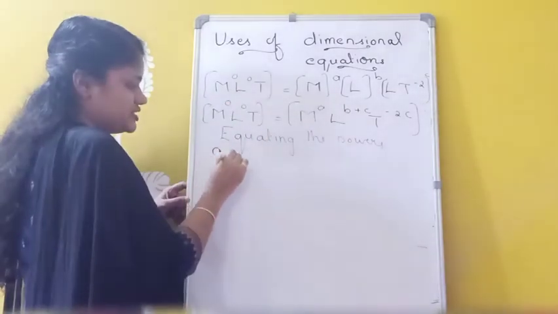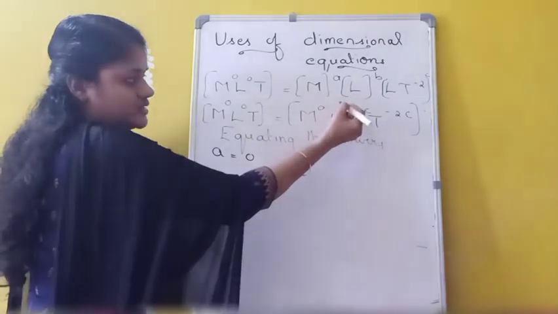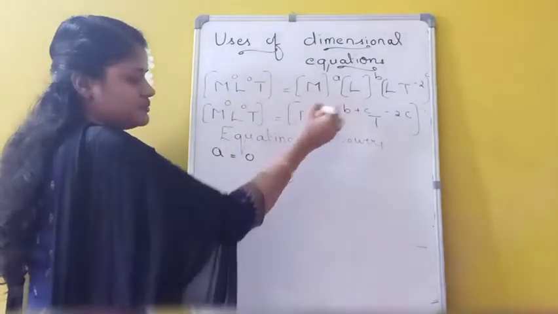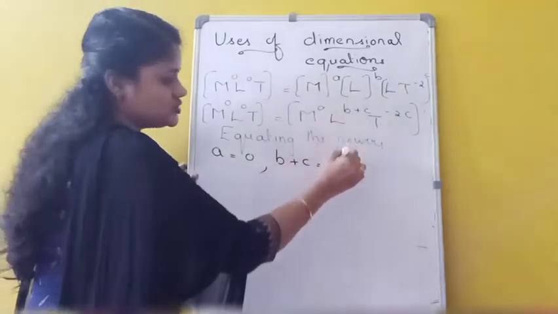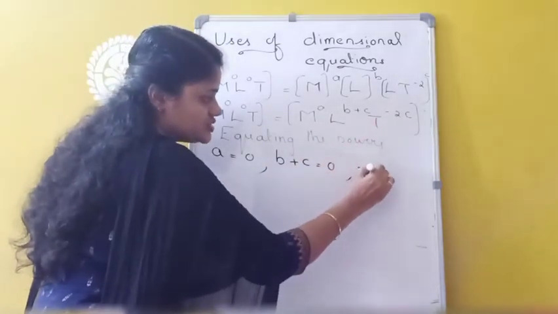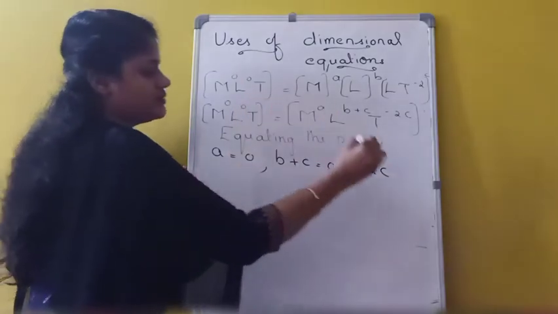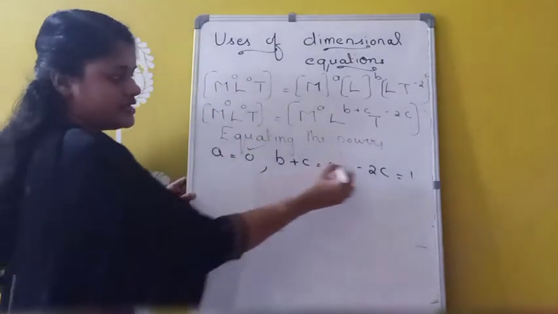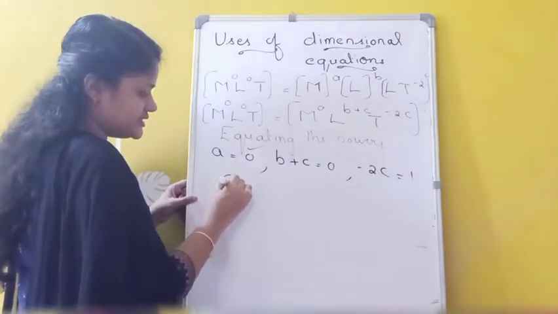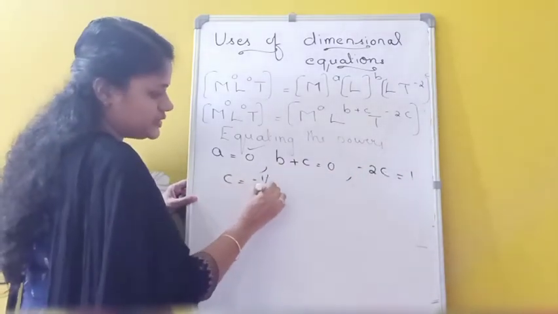That means a can be equated to 0. Next one, here L raised to 0, here L raised to b plus c. That means b plus c can be equated to 0. Next one, minus 2c can be equated to, here it is 1. So minus 2c equals 1. That means a equal to 0, already we got here. And from the last one, we can write c equals minus 1 by 2.